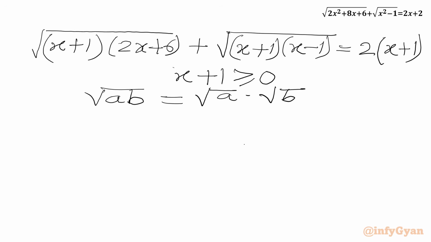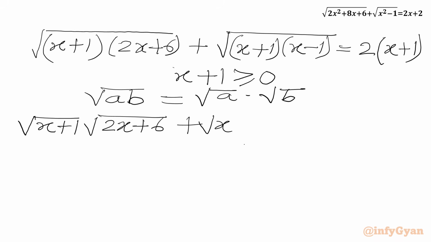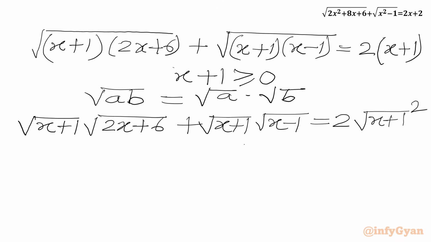So as per our condition, we will write equation square root x plus 1 times square root 2x plus 6 plus square root x plus 1 times square root x minus 1 equal to 2 times square root x plus 1 whole square.